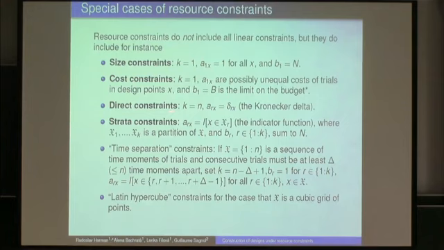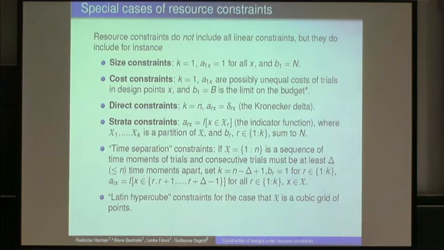Strata constraints. Let us talk perhaps about time separation constraints. That can be captured. If the experimental domain represents time points, then using this special case of resource constraints, we can tell the experiment not to concentrate points too close to each other.